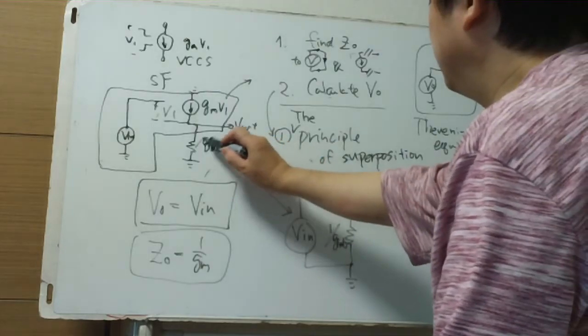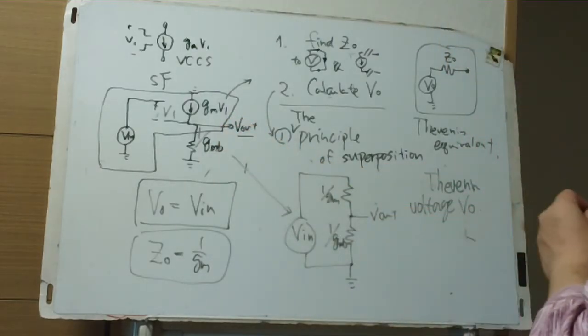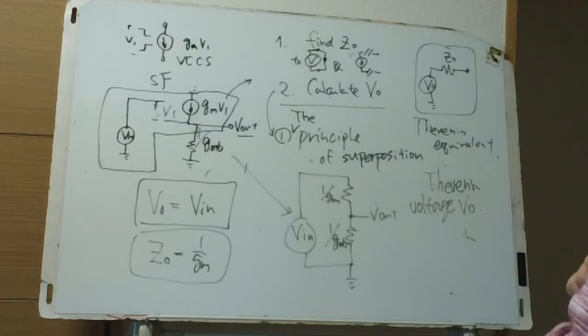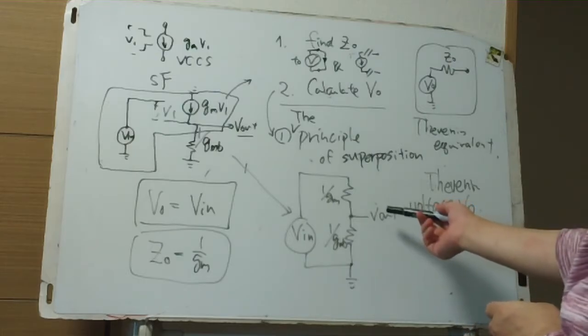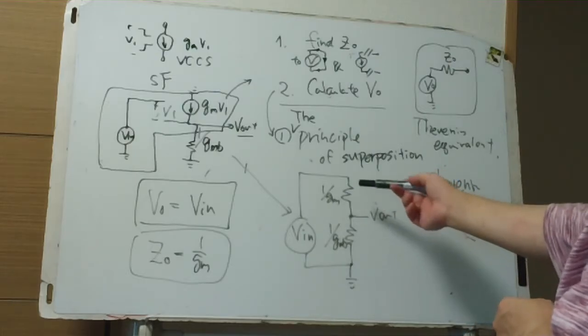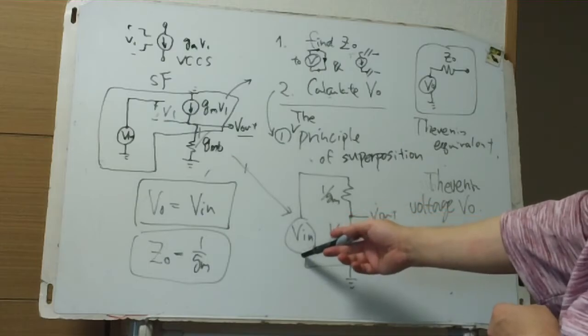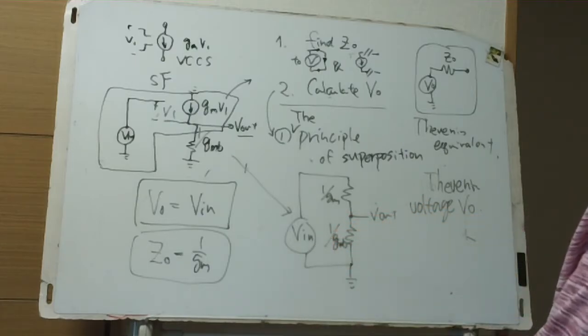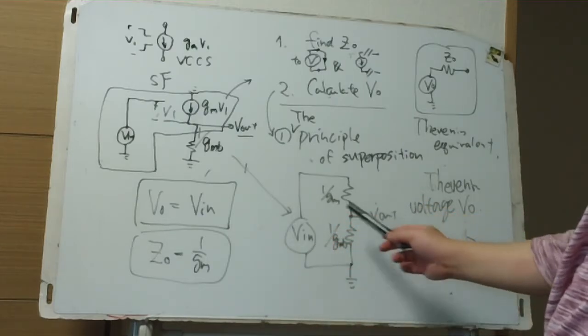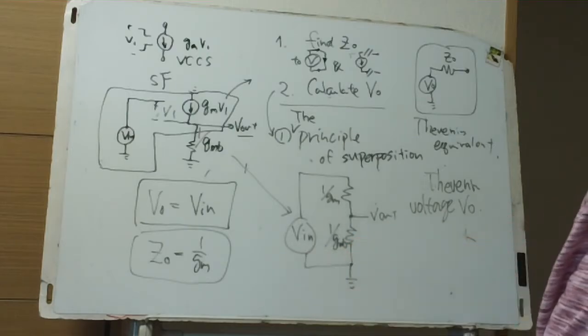Sorry, this is 1 over GMB. The V out is a divided voltage of V in, and AV is this over this.